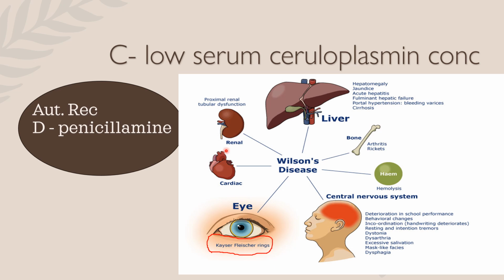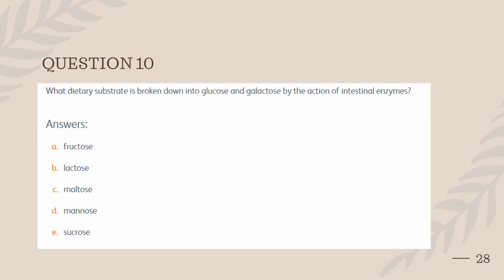There can be cardiac involvement also, cardiomyopathy, and the inheritance pattern is autosomal recessive. Treatment of choice is D-penicillamine, a chelating agent for copper. So there is low serum ceruloplasmin concentration in Wilson disease.